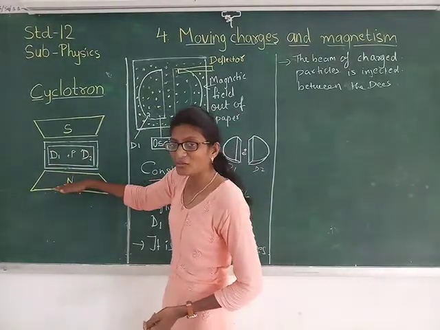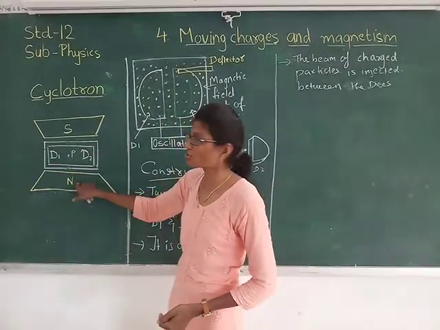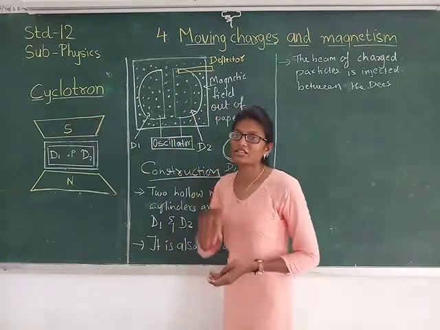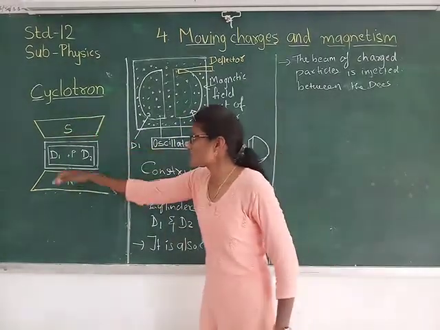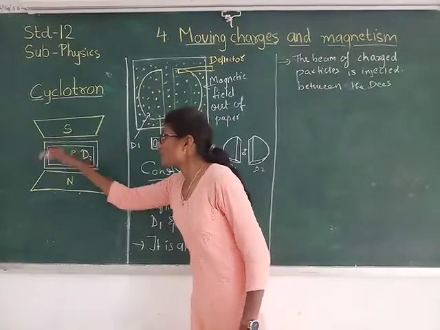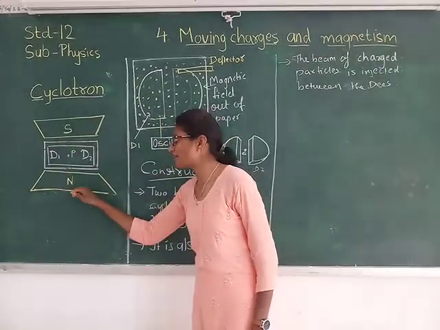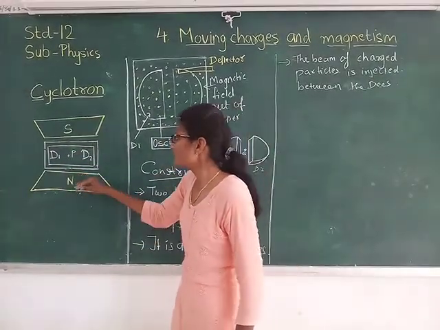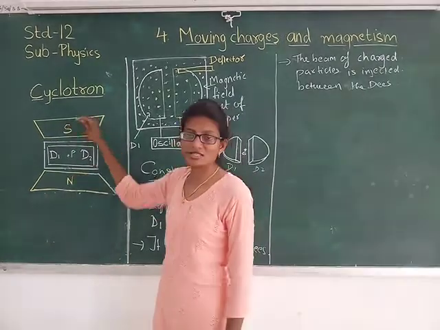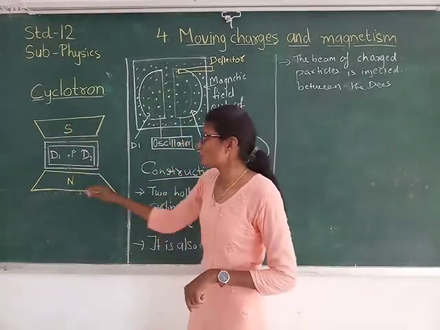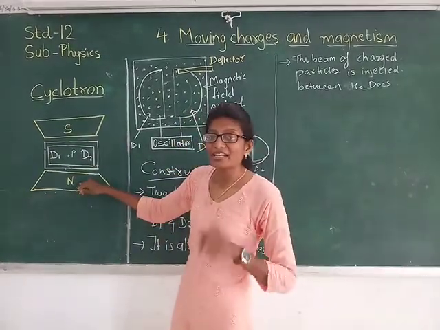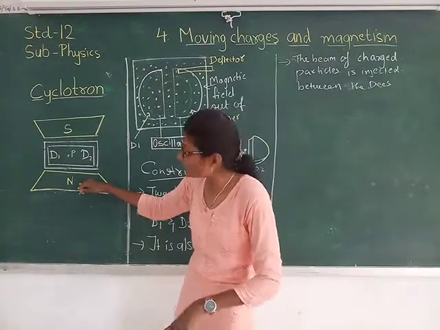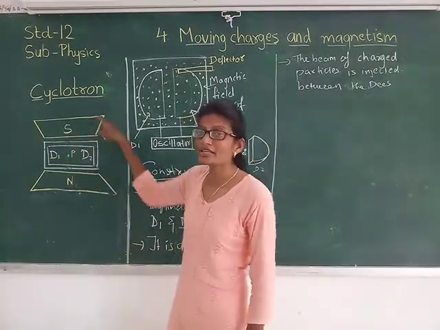The lower magnet has the north pole, and the upper magnet has the south pole. This is the way these are mounted between the two magnets. Now as you can see over here, there is the north pole, and lines will be generated from the north pole to the south pole.